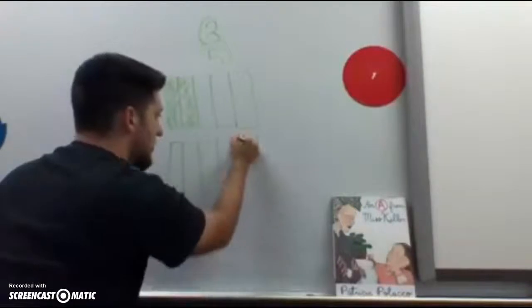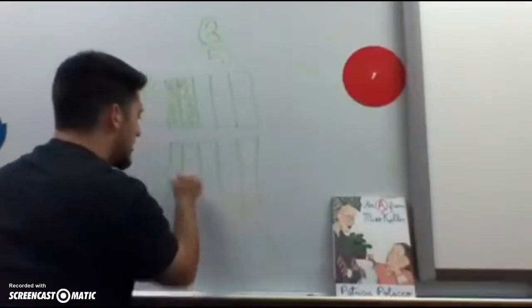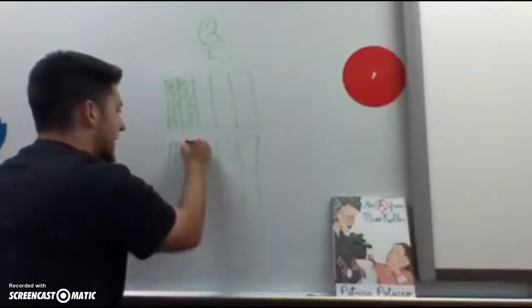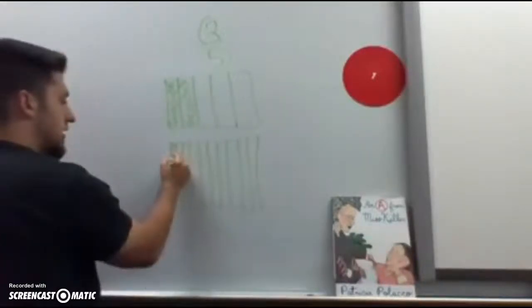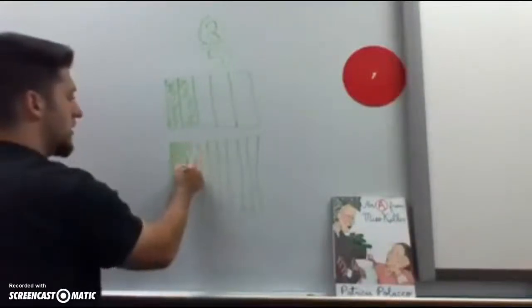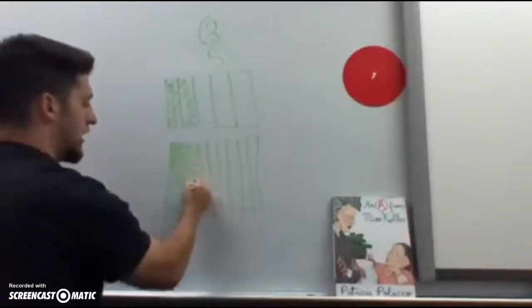What I want you to do is shade in as many boxes as you need to make it look the same as 2/5. So I'm going to have 10 boxes here, and I'm going to start shading in. There's 1, 2, 3, 4.